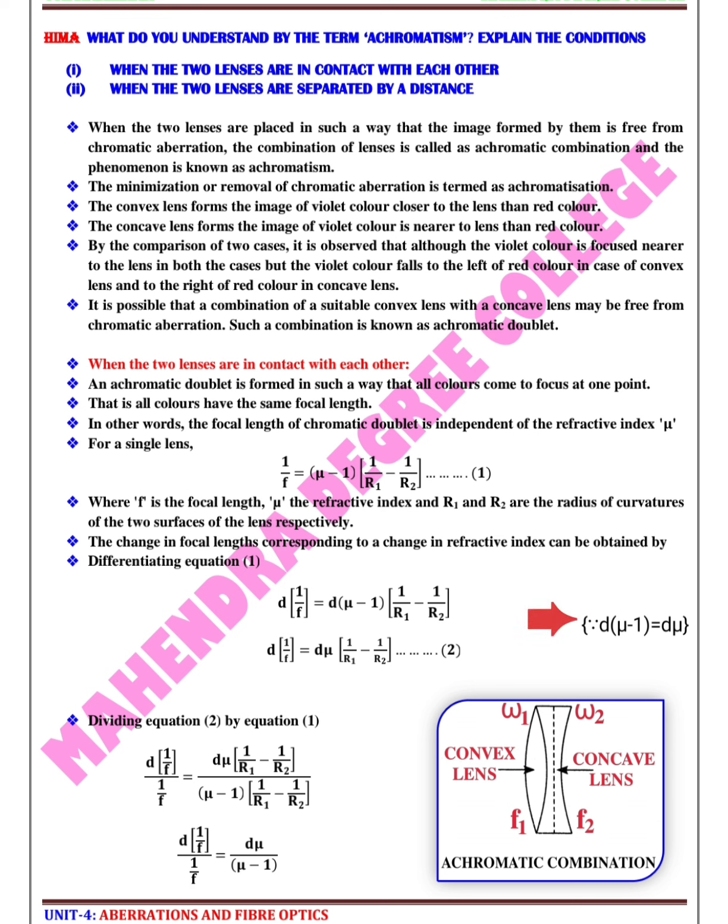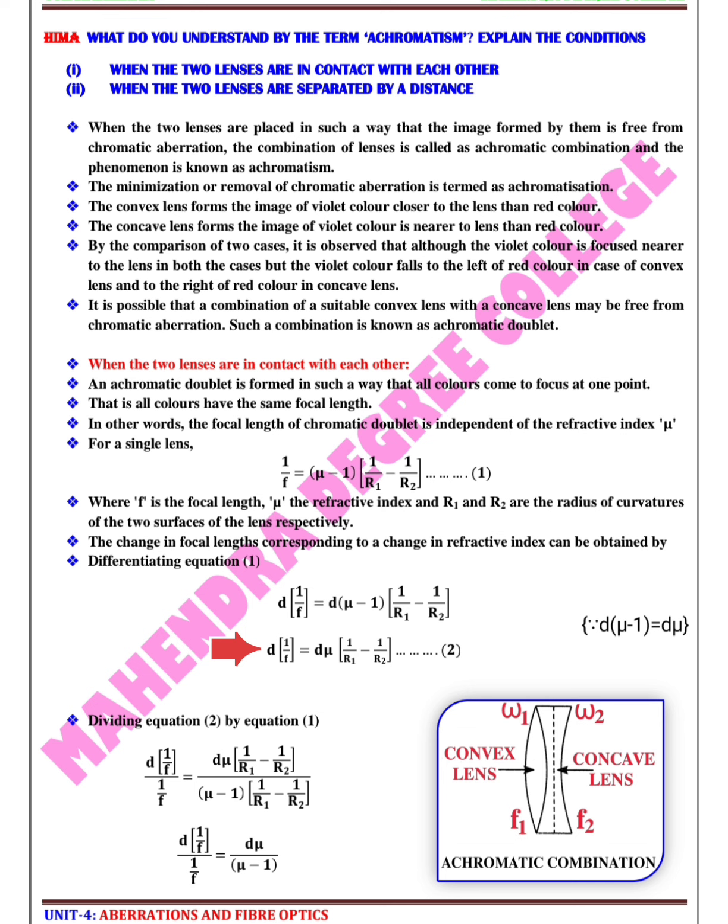Since d(mu - 1) equals d mu, we get d(1/f) = d mu (1/R1 - 1/R2).